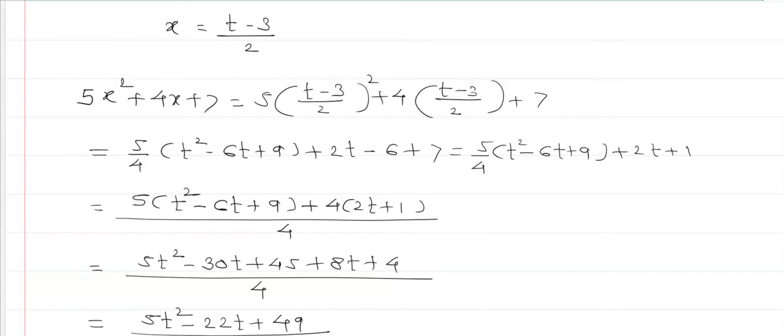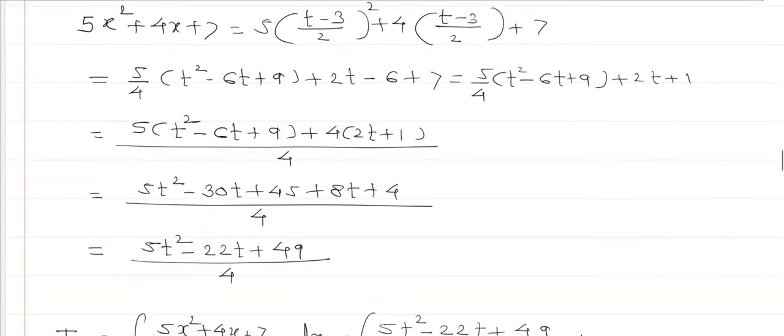Now we will simplify here. Keep this as it is. What about the next? 2t minus 6 plus 7, it becomes plus 1. And therefore 5. Now we'll simplify here. Now this 4 will be multiplied by 2t plus 1. It will become 4 in bracket 2t plus 1.